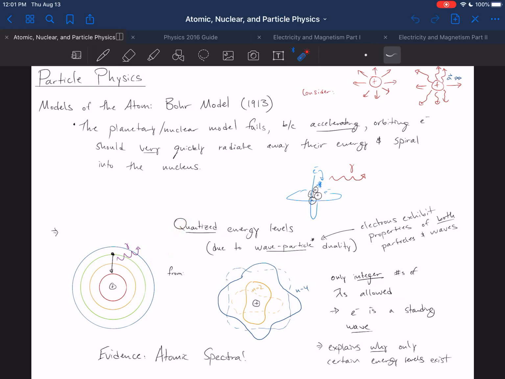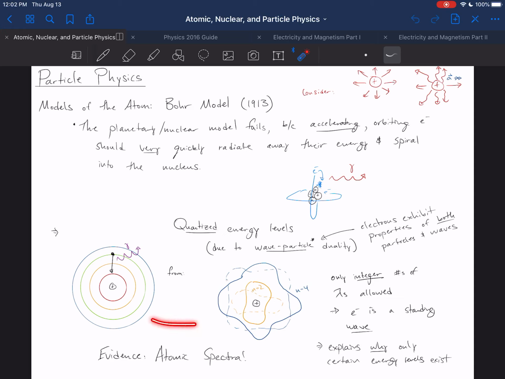Now, at higher level, there is a tremendous amount more to learn about these steps, and I don't want to get bogged down in the details, but suffice it to say that due to wave-particle duality, this idea that electrons and other forms of matter exhibit properties of both particles and waves, you can interpret the electron as a standing wave around the central nucleus.